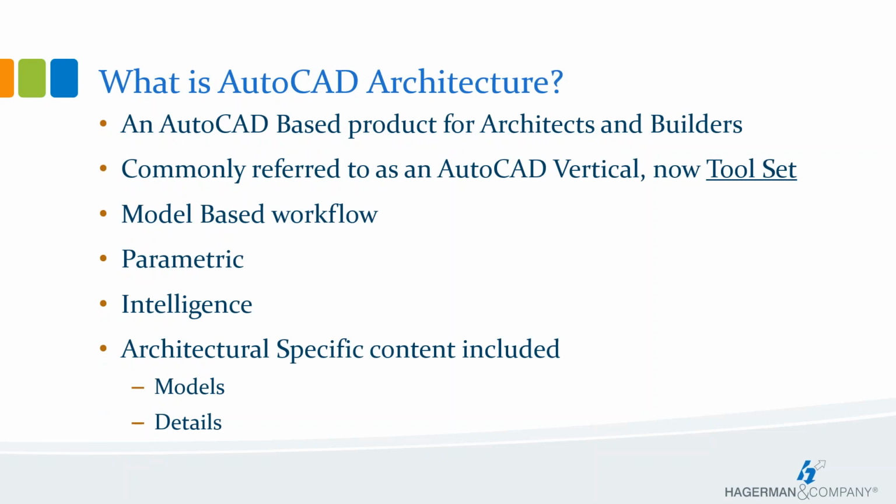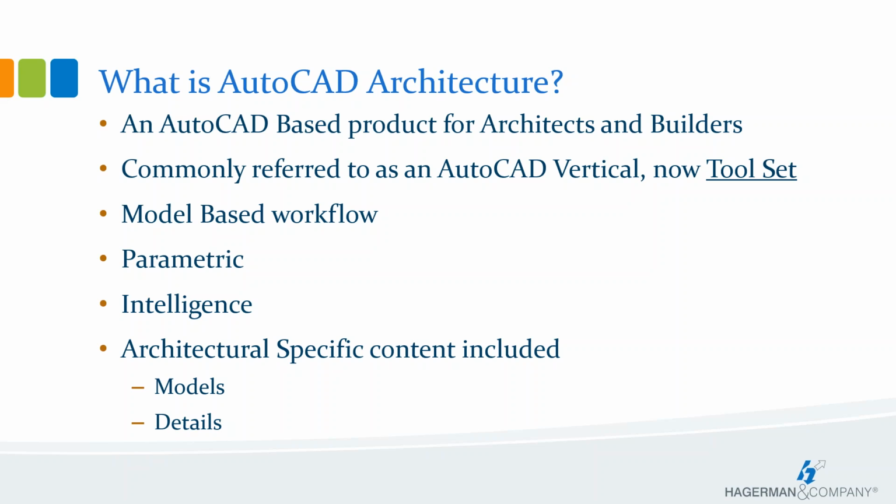After reviewing a typical workflow of plain old vanilla AutoCAD, let's take a minute to introduce AutoCAD Architecture. Essentially, it is an AutoCAD-based product with tools that allow architects and building designers to model their buildings in 3D, and includes a massive set of tools dedicated to creating a set of architectural drawings.